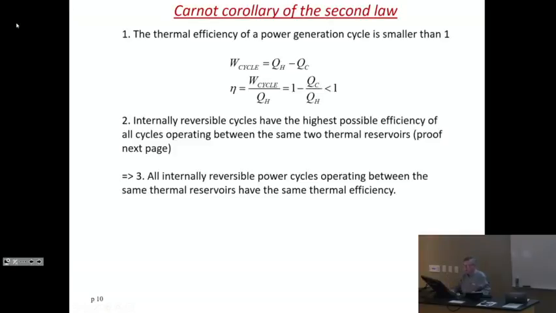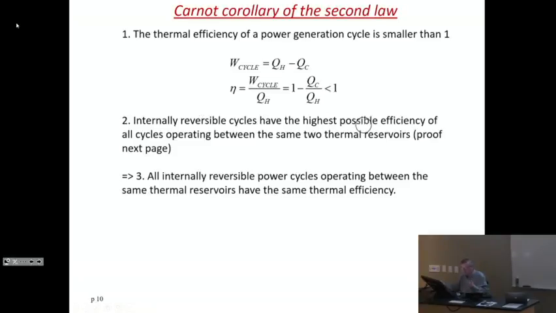Now, internally reversible cycles have the highest possible efficiency of all cycles operating between the same two thermal reservoirs. For the moment, this is a statement. That statement will come back. I will prove it in the next few graphs, but that is important because it also implies immediately that all internally reversible power cycles, so the reversible power cycles, have the highest possible efficiency.